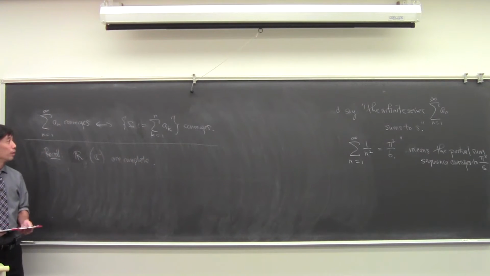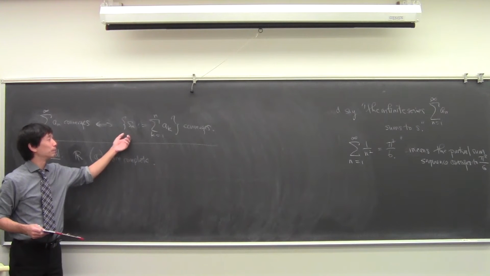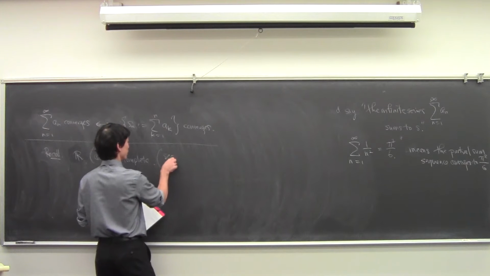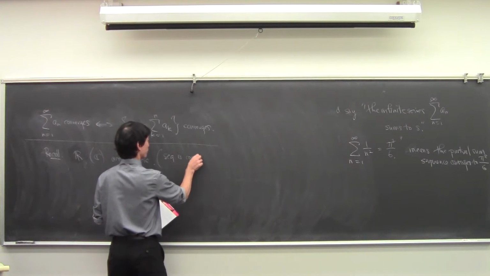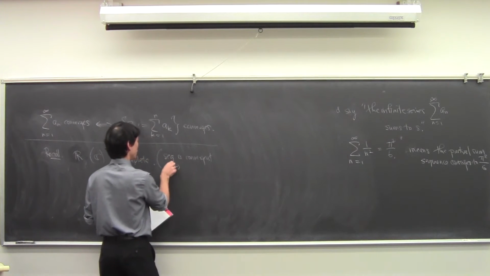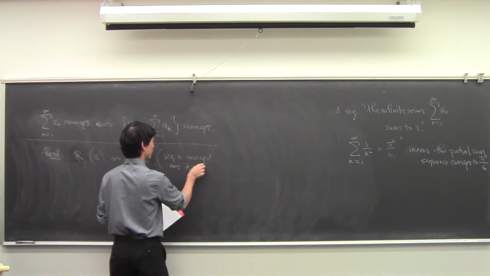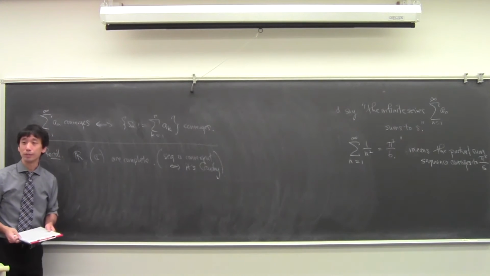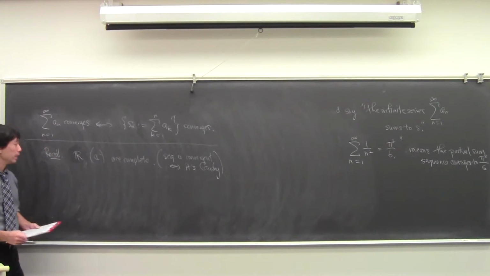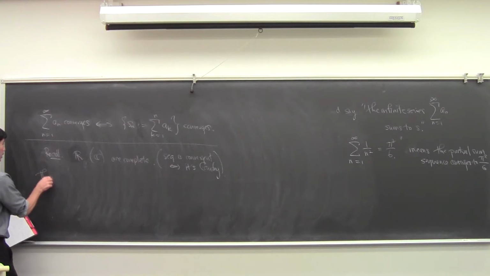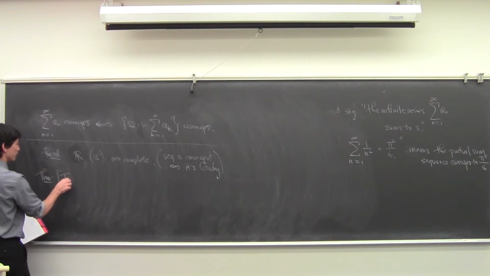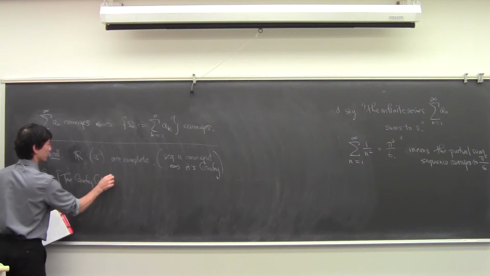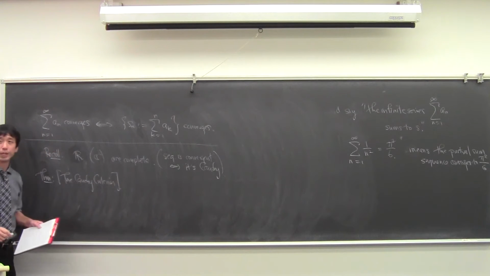And so a sequence is convergent if and only if it's Cauchy, and that leads to something called the Cauchy Criterion for series.